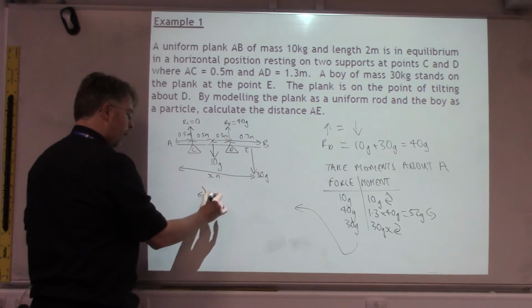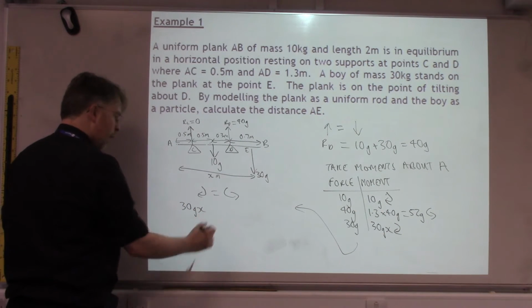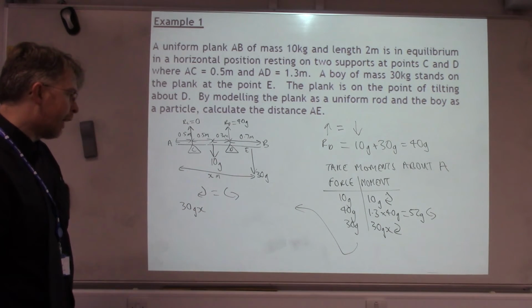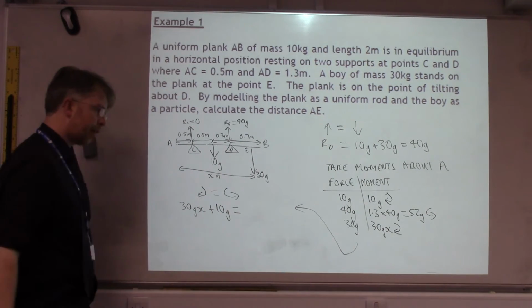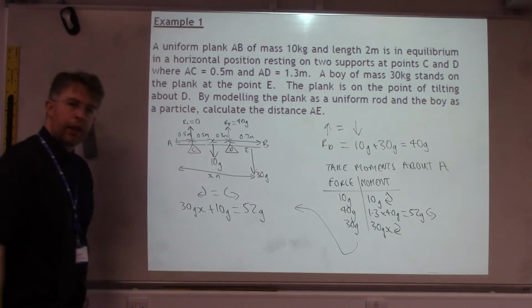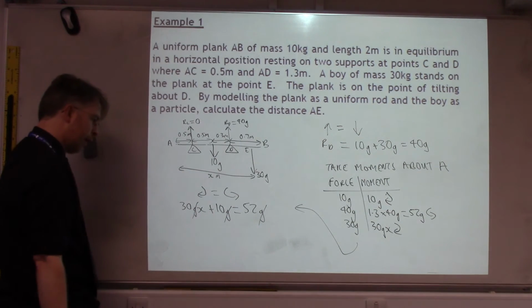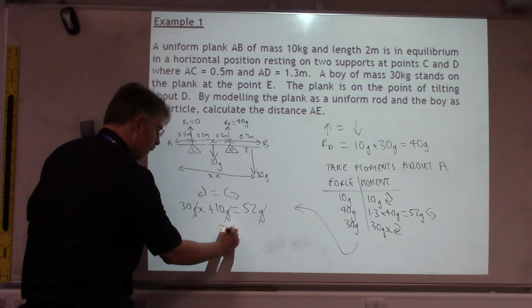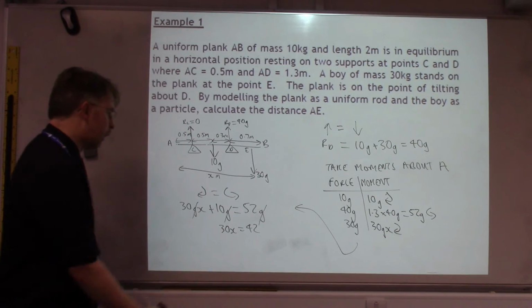So clockwise equals anti-clockwise. 30Gx plus 10G equals 52G. G is in each expression, so we can cancel by G. Take the 10 off. 30x equals 42.